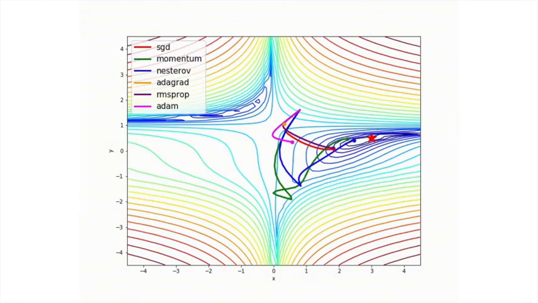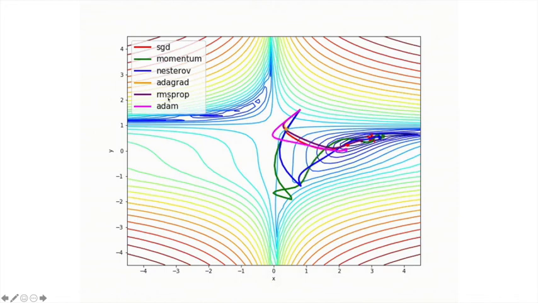Here we can see a visual representation of all the algorithms. As you can see, Nesterov and momentum really overshoot because they have the momentum and the speed that they have taken from the previous iterations. We can see that SGD is relatively slow, goes straight, and then here, as it approaches the optimal point, it will start to zigzag.